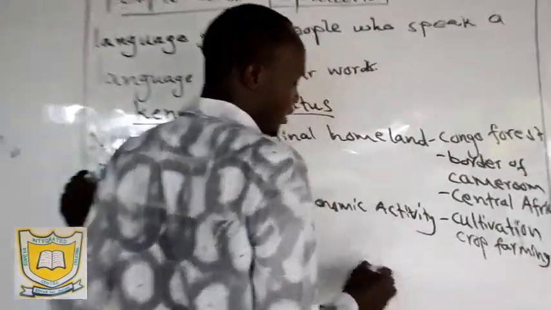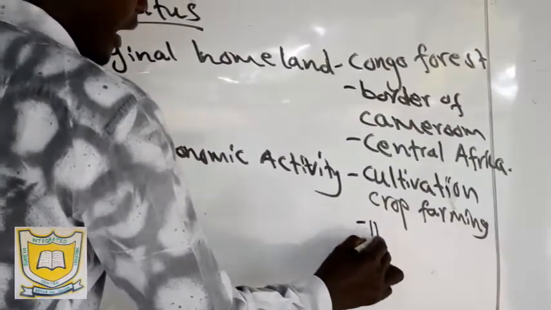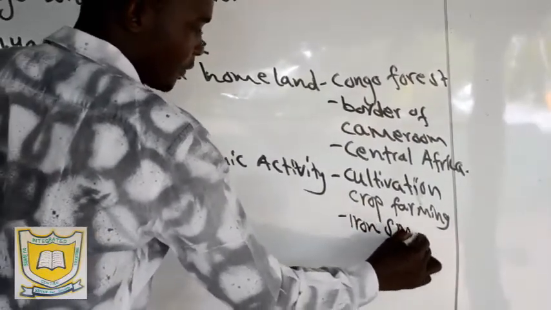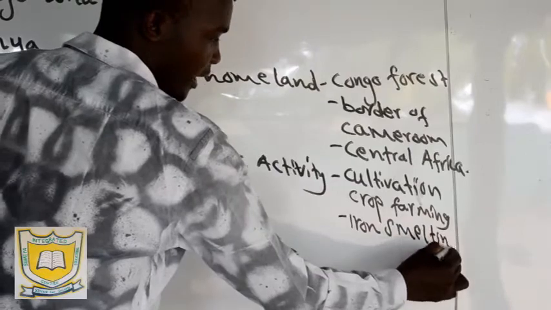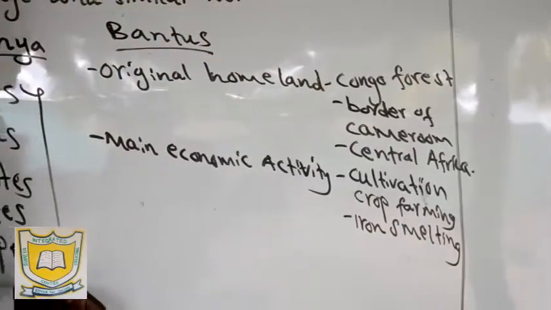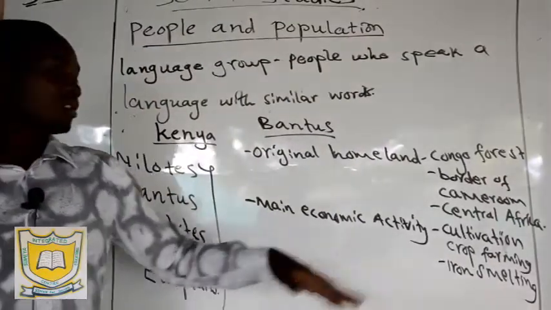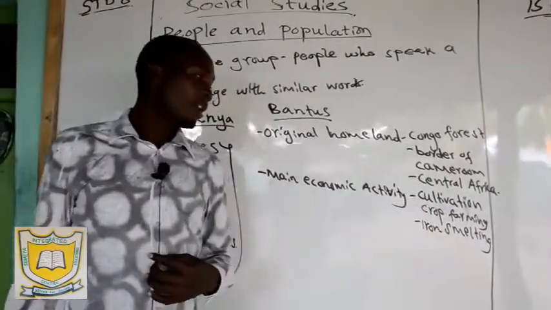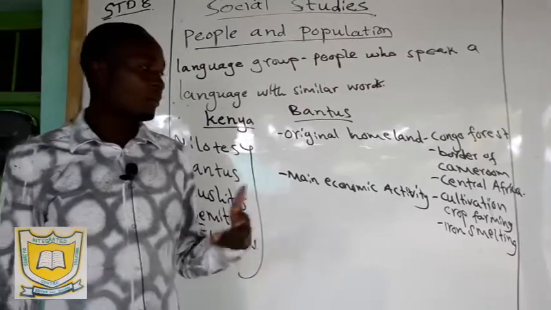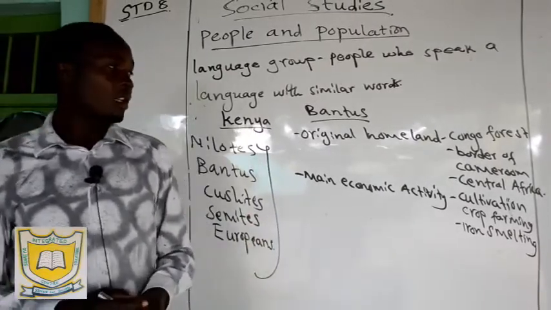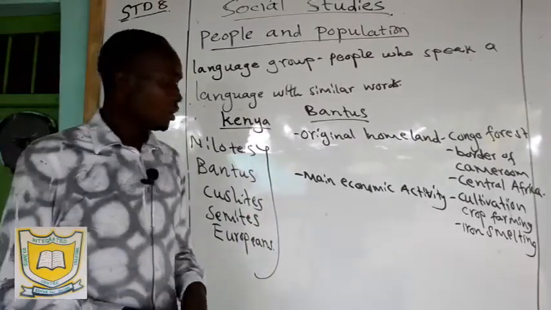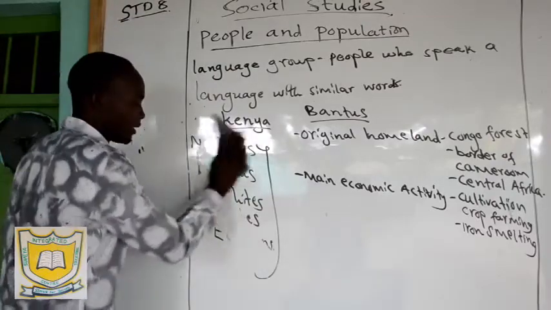So they were farmers. They also practiced iron smelting. So the main economic activity of the Bantu, they are farmers up to date. They used to grow crops like millet, sorghum, and so on, even during the pre-colonial period. That is Bantu.